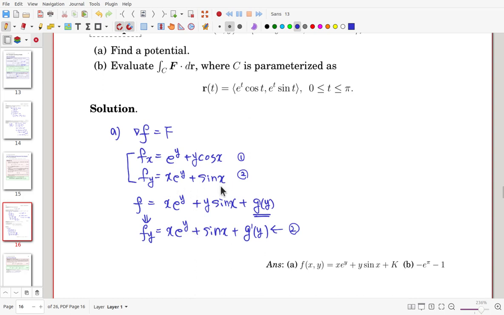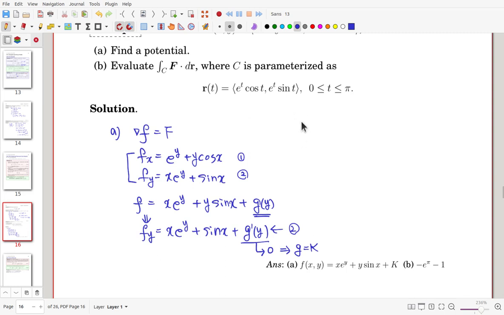Then this portion is the same as this one, so that g prime y must be 0, which means that g is a real constant k.